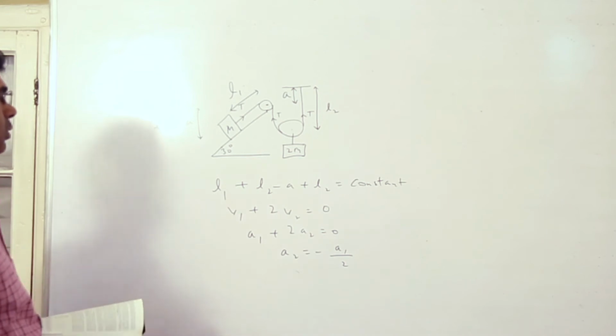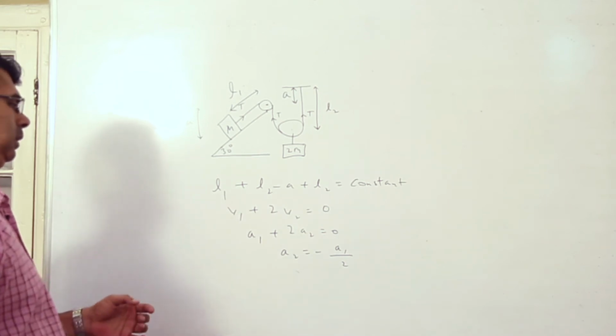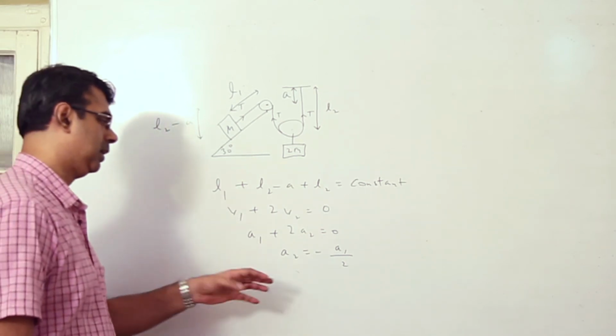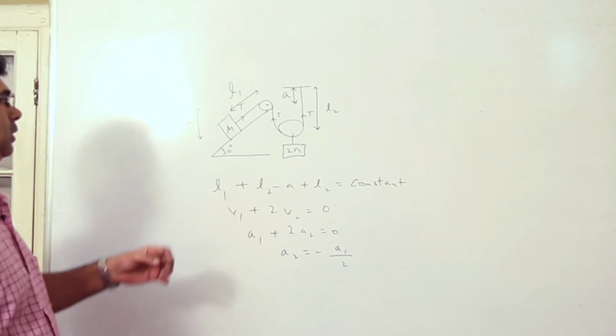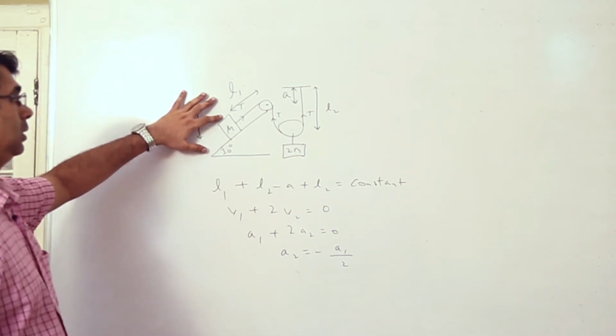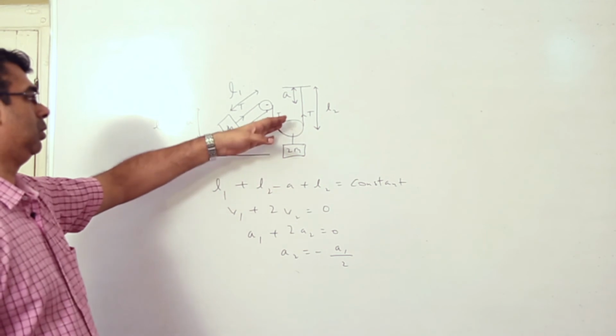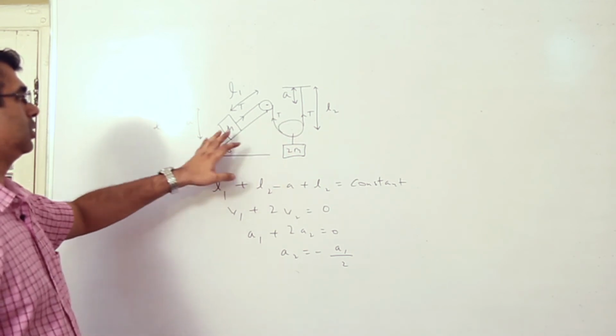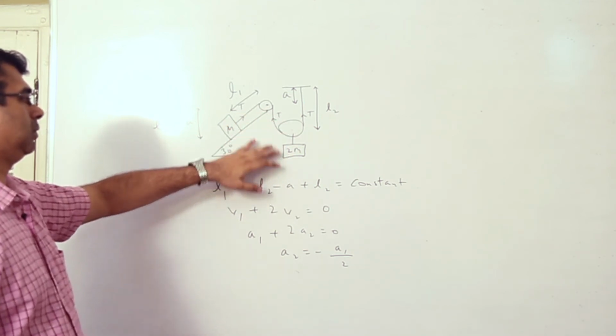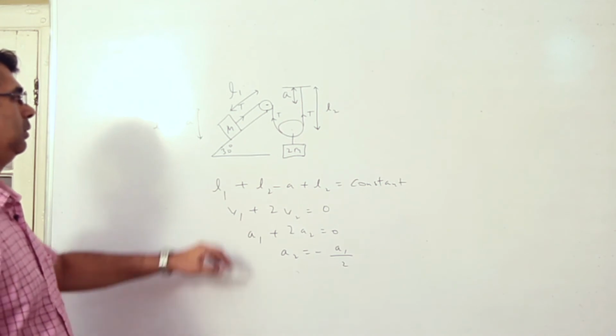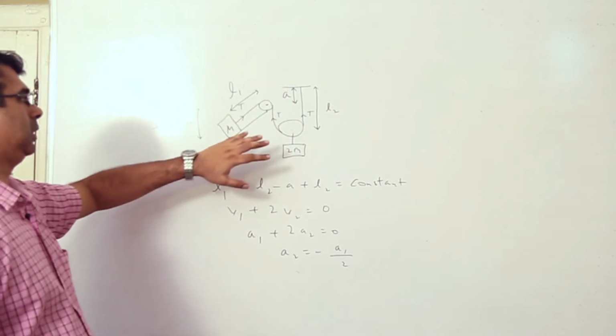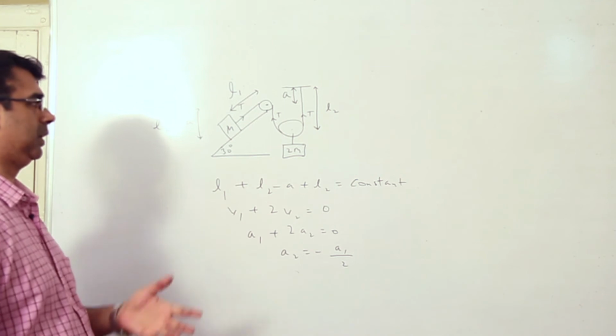Now there is no need to get unnecessarily worried about the minus sign. You see, if this block goes down, this block will go up. So if one of them is moving farther away from the fixed point, the other will come closer to the fixed point.